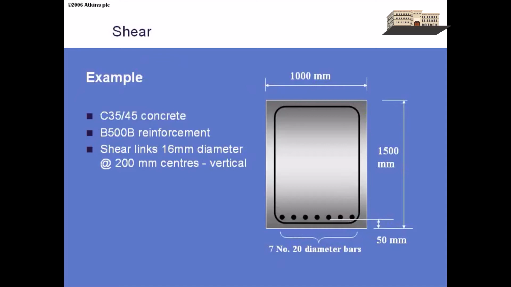Just to demonstrate that, we go back to a really simple rectangular beam, the same one we looked at for bending. We've got some shear links here, 16 diameter bars at 200mm centres.